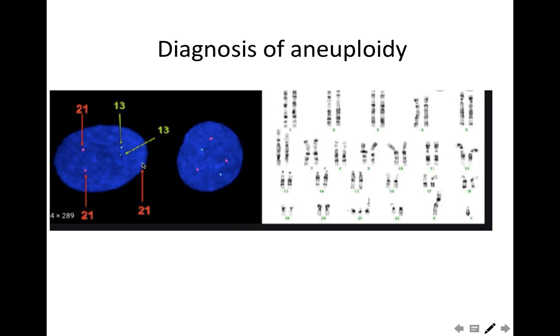And here you can see in this cell you have 3 red spots, which corresponds to 3 copies of chromosome 21 and 2 copies of green. This can be confirmed in this karyotype. You have 2 copies of all the chromosomes except chromosome 21 is 3. So this karyotype confirms this fish analysis where there are 3 signals for chromosome 21 and 2 signals for chromosome 13.